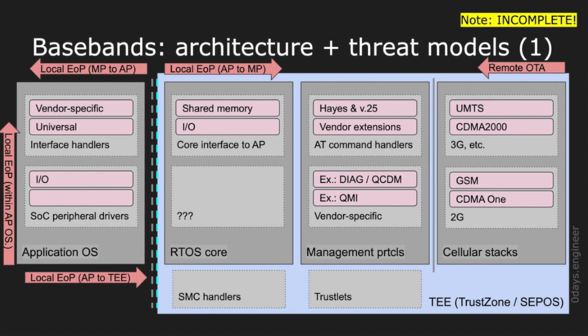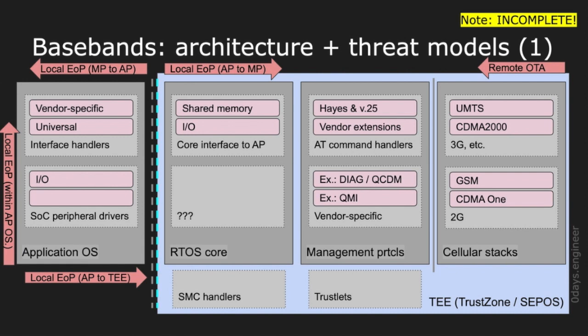The second box represents various management protocols. The simplest one to think about is the AT command protocol. It is still widely included in all basebands, and it's even usually exposed in some way to the application processor, so you can actually send some AT commands to the cellular modem.